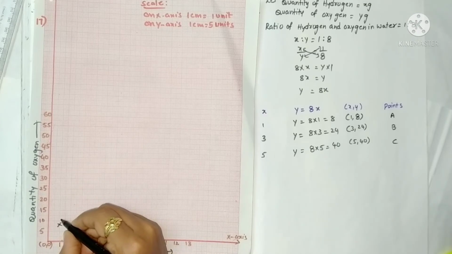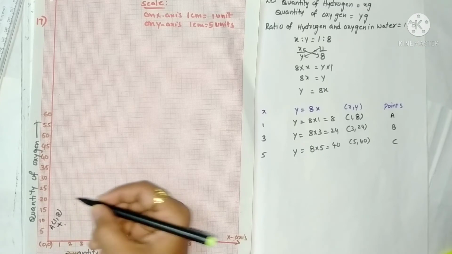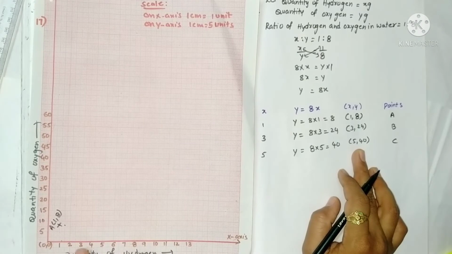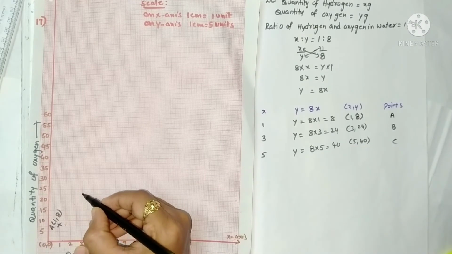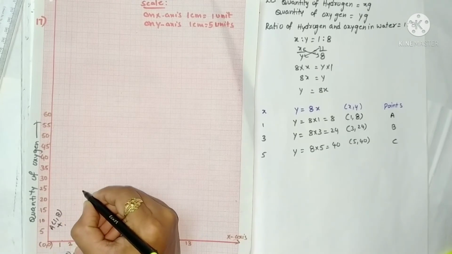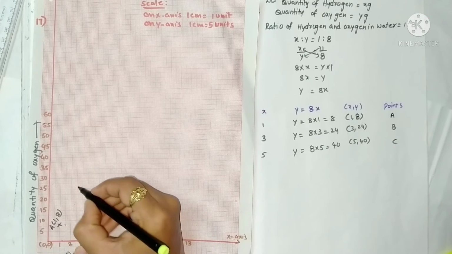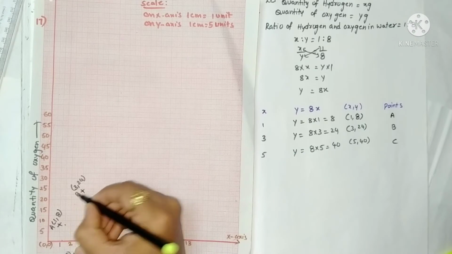So what is the number? 1 comma 8. Next 3 comma 24. So 3 on x-axis and 24 on y-axis. 24 means just 2 lines below the 25. So 3 comma 24.